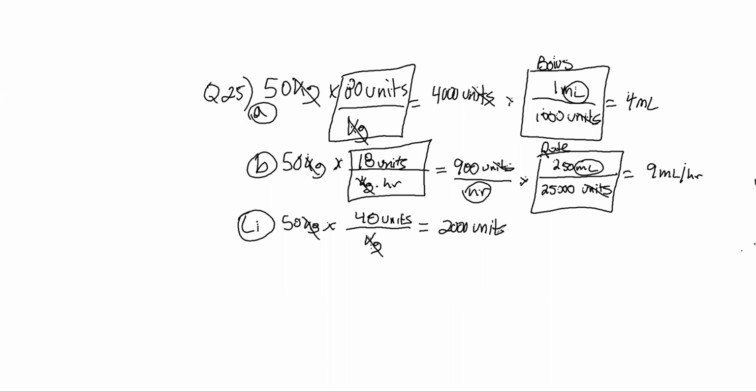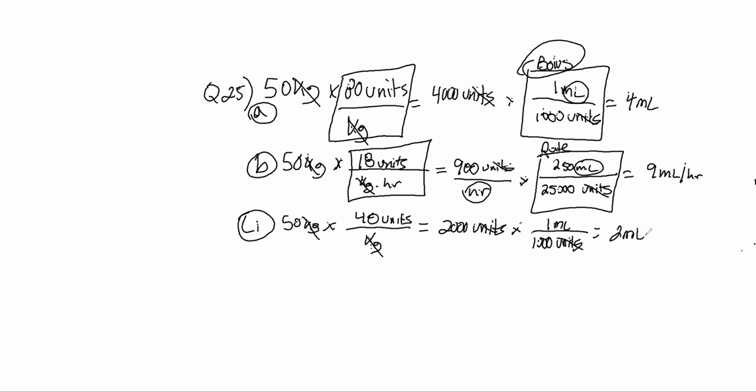So I'm going to go back to the same bolus information that we used before. I'm going to multiply it again by my bolus dosage, which was 1 milliliter per 1,000 units of heparin. That gets rid of units. My answer is 2 milliliters.